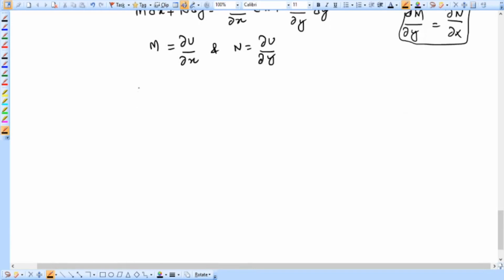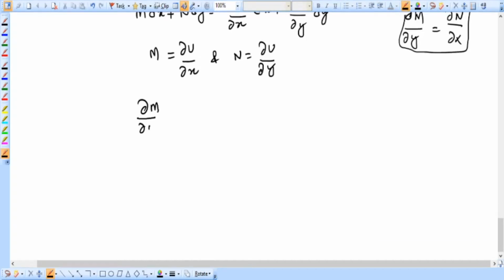So now in order to prove this, we will have to find out ∂M/∂y. ये कितना हो जाएगा? This would be equal to the double derivative of u, that is we are differentiating this term with respect to y, right? So it has already been differentiated with x, so now it would be differentiated with respect to y.